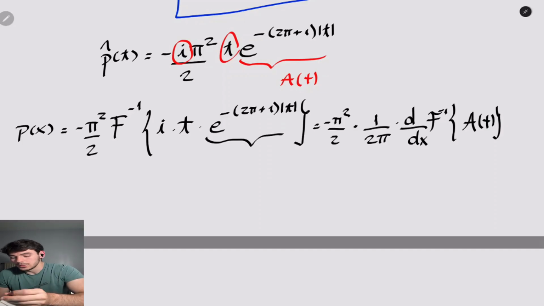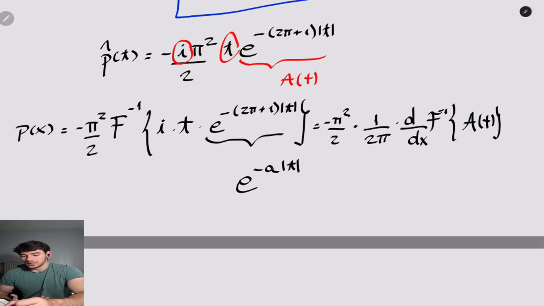And if you look at it carefully, you will realize that's basically an exponential of minus a modulus of t. That's basically the function h a of x that was given on the exercise.